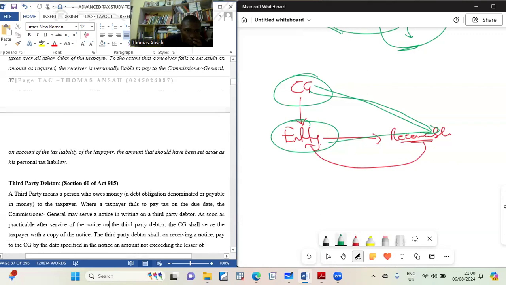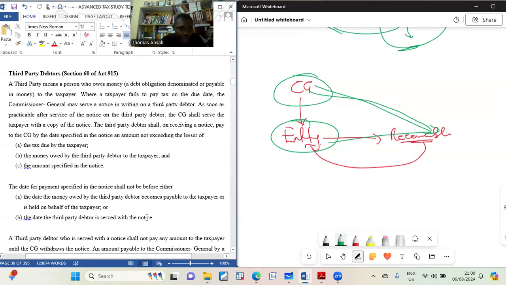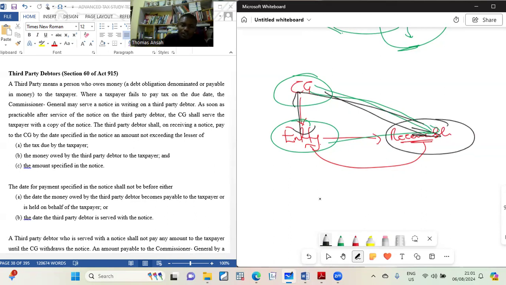I'm the entity, someone is owing me, and you are saying that because I'm owing you, you are going to take the money from the person owing me. So is it the duty of the CG to let the entity be aware that we are taking the money? We will serve this guy. We are taking the money from this man.